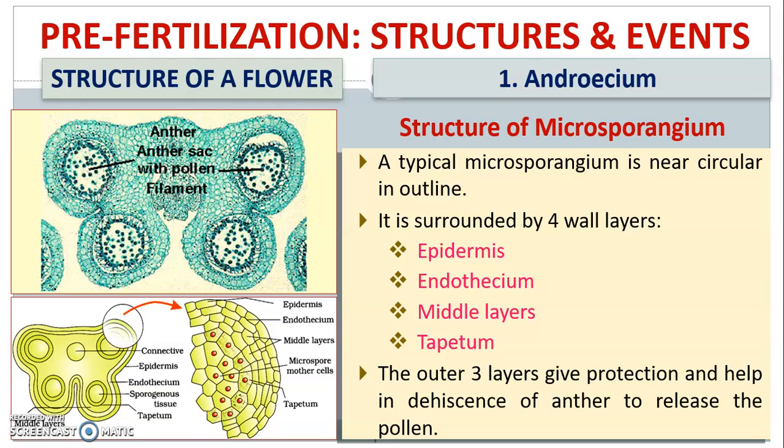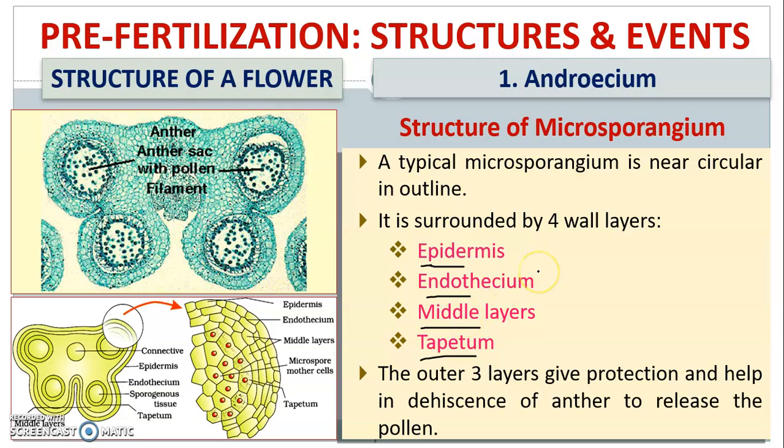the typical microsporangium is nearly circular in outline, and each circular structure is surrounded by four wall layers: epidermis, endothecium, middle layer, and tapetum.